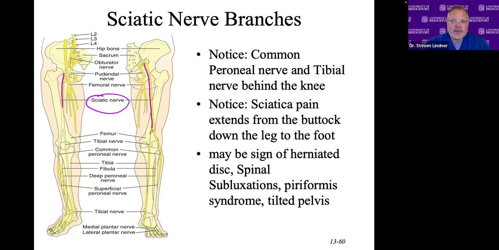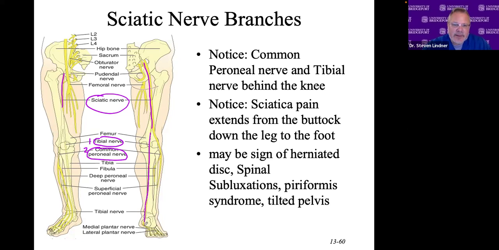Right at the back of the knee, it splits into a tibial nerve and a common peroneal nerve. Well, where did we hear those before? We heard that the sciatic nerve is made up of two nerves, the tibial and the common peroneal. So we can see this is where it splits into those two branches. Tibial stays as tibial, right? It goes right down the back of the tibia. This is all tibial, tibial, tibial.